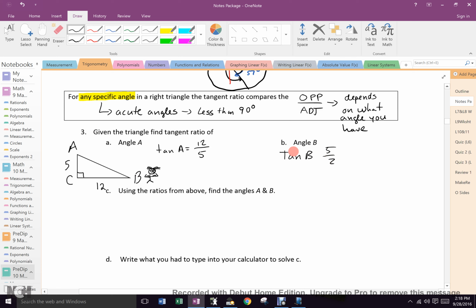For some reason, that concept disappears, and it makes trig difficult for people. Okay? Don't be those people. Right? Everybody understand? Where you are affects the opposite and the adjacent, which only makes sense, yes?